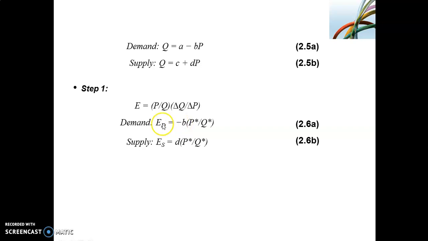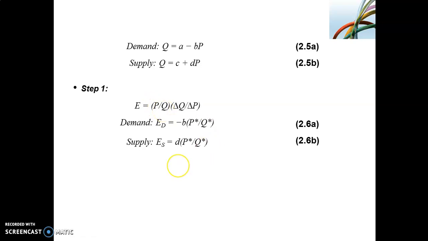So you can see that all that we've done in this formula is we've modified it such that minus B for the demand represents that change in Q over change in P, and for the supply, D represents that change in Q over change in P, and the values P star and Q star represent the equilibrium price and quantity at a point.